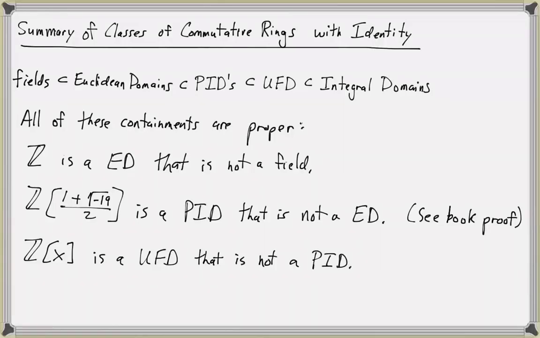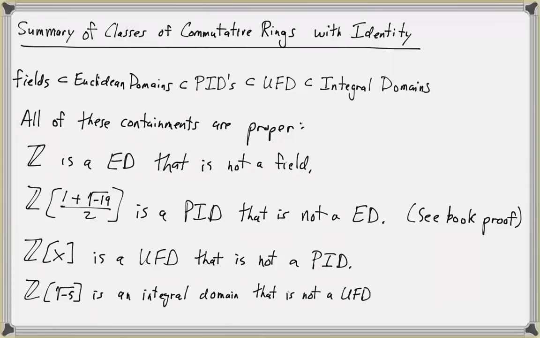And finally, the ring Z adjoin square root of negative 5 is an integral domain that is not a unique factorization domain.